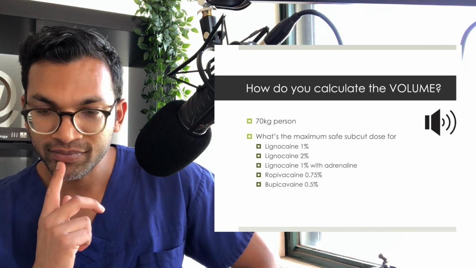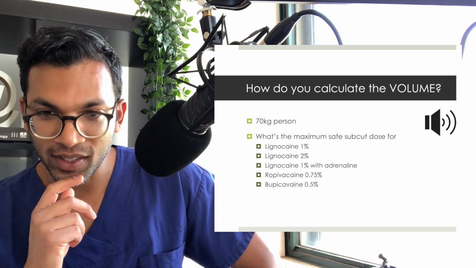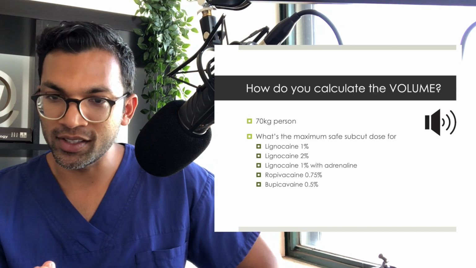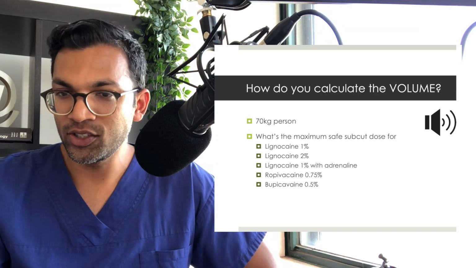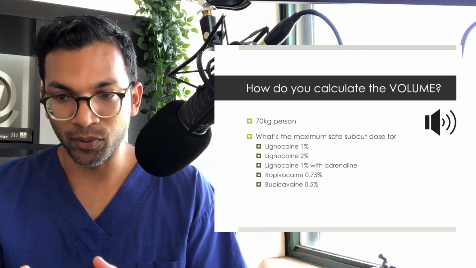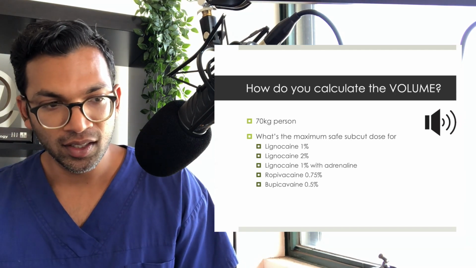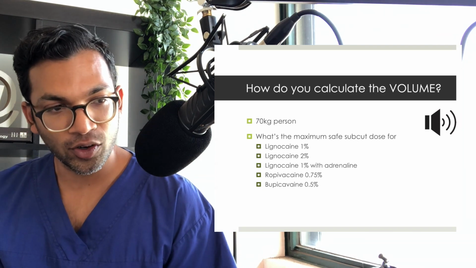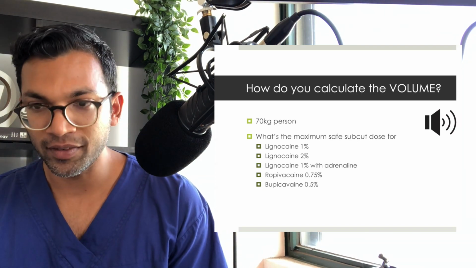Because it's the 10x, it's 20. Exactly, yeah, that's right. And you know that 2% is stronger, right? So you have more molecules in 2% than 1%. So you can't use as much volume if it's more concentrated. Yeah. That's good. So 10.5. Yeah, 10.5 is right. So 10.5 mils total for lignocaine, 2%.